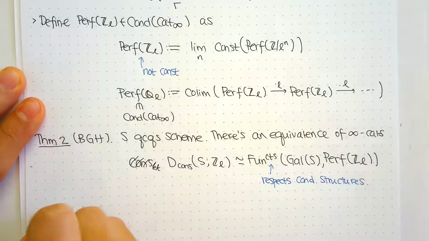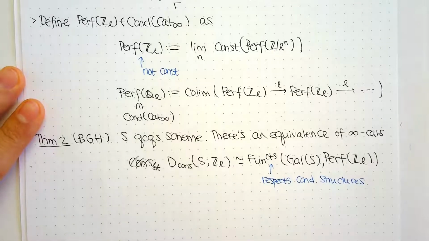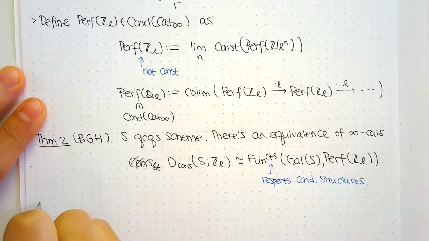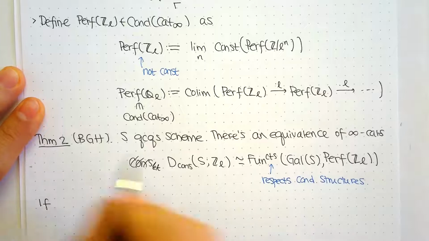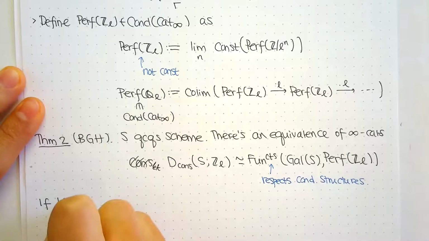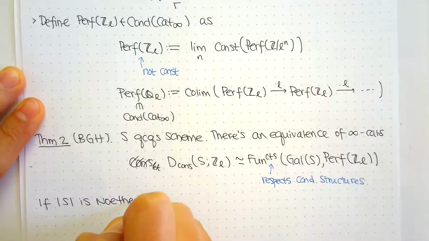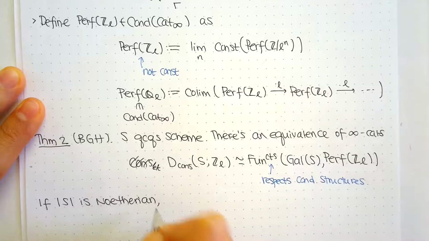But then the second part is, for the Q_l and Q_l-bar versions, people only really work with this when the underlying topological space is Noetherian, and so you need a qualification on this. But if the underlying topological space of S is Noetherian, then you get the same sort of theorem.